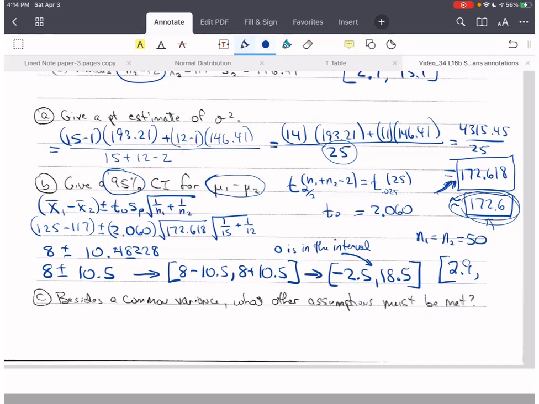Yeah, 2.9 to 13.1. And this is again for females minus males. Now we did males minus females, so we had the negative of this. So 0 is not in the interval here.